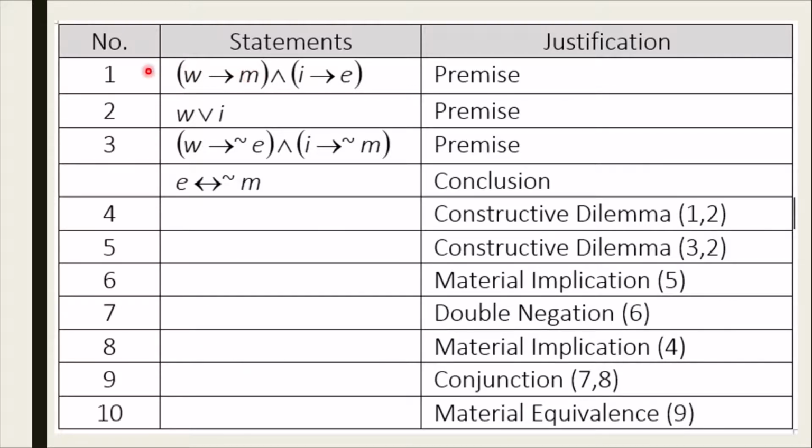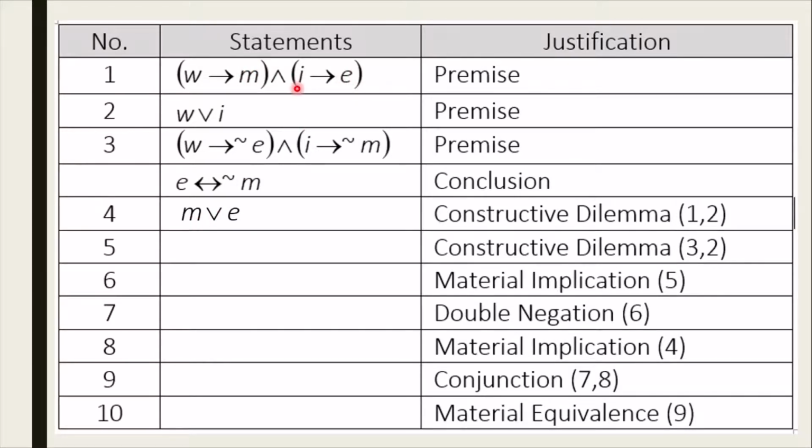Now given our three premises and the conclusion, in premise number 4, we're going to use 1 and 2 using constructive dilemma. So since we have W or I, and our premise 1 is a conjunction of two conditional statements, and given the disjunction of two antecedents here, then we can arrive at the conclusion that it must also be a disjunction of their consequences.